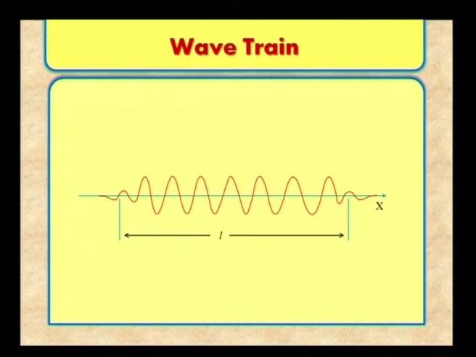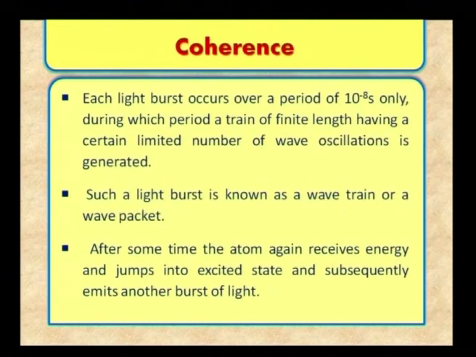When another wave train is coming, you will have what is called a phase break, because there will be a phase difference between this wave train and the other wave train I will get after a time delay of 10 to the power of minus 8 seconds. So, each light burst occurs over a period of 10 to the power of minus 8 seconds only, during which a train of finite length having a certain limited number of wave oscillations is generated.